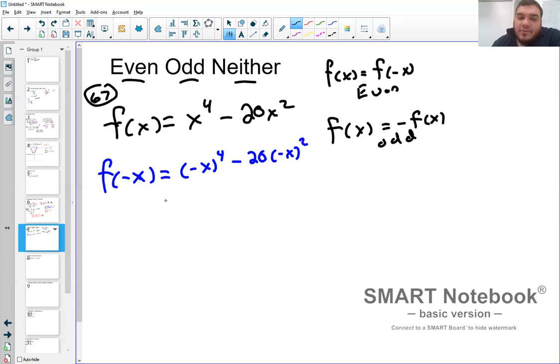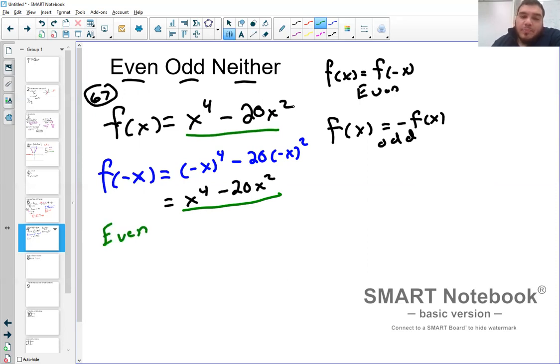Well, negative x to the 4th is a positive x to the 4th, and negative x squared is a positive x squared, so it stays negative 20x squared. And you check, does this new function match my original? Yes, it does match my original, so that's even.